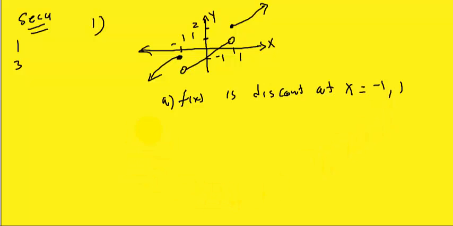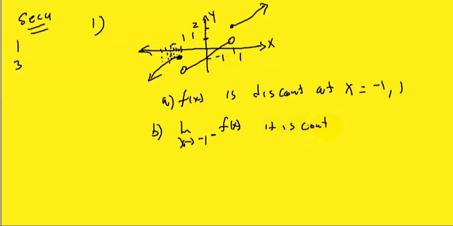Alright, this is B. When I come from the left to -1, okay, limit as x goes to -1 from the left hand side, when I'm coming from the left, is the hole filled in? Yeah. Then it is continuous from the left.